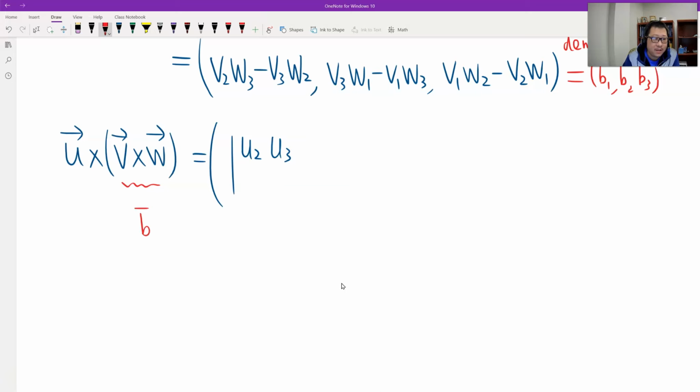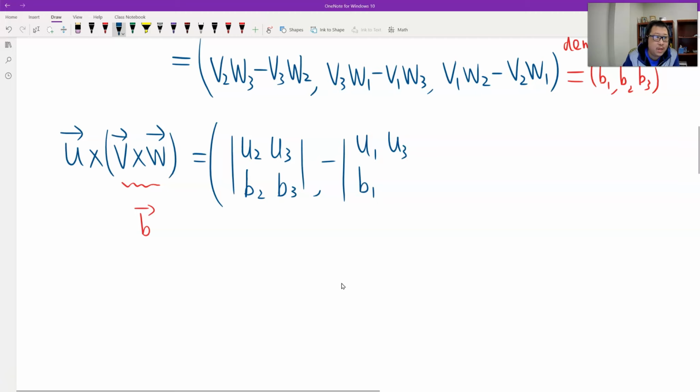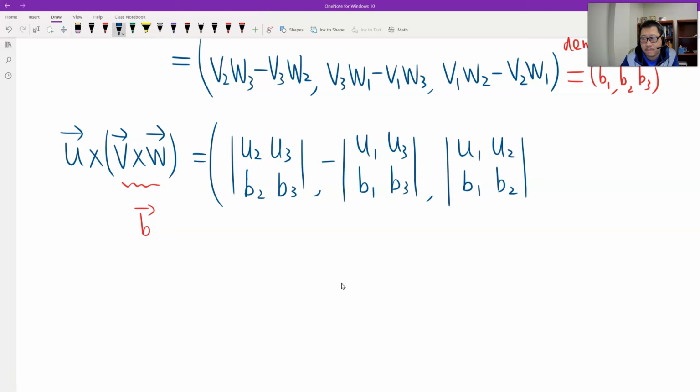So B is B2, B3, of course, and then negative U1, U3, B1, B3, and then U1, U2, B1, B2. That's the definition. And then we do the calculation.